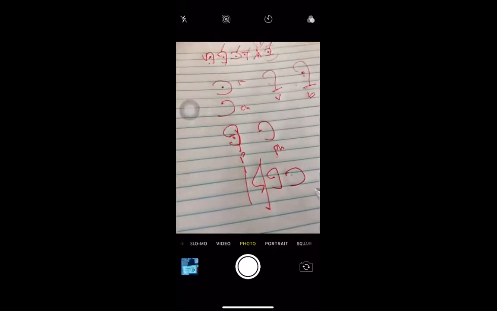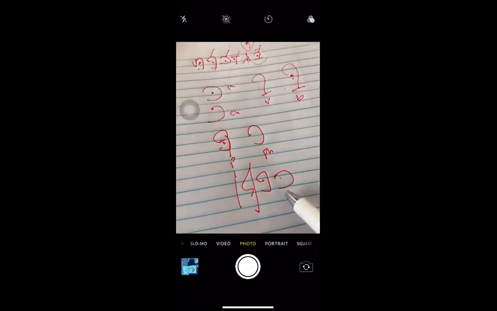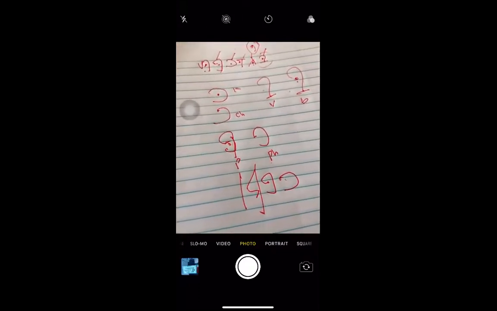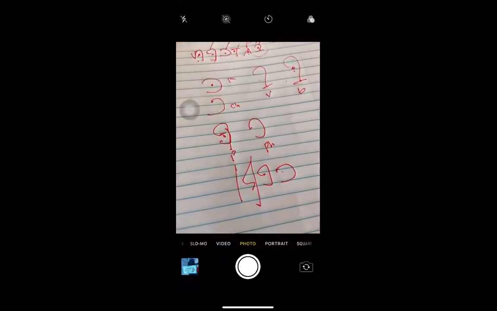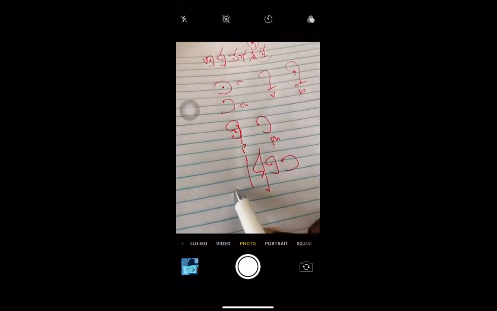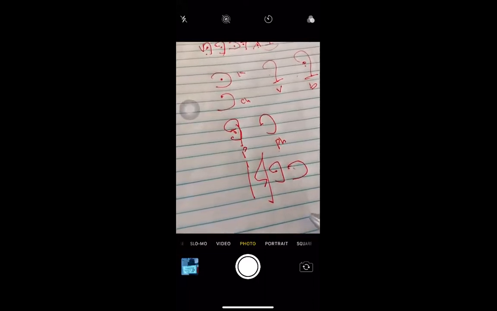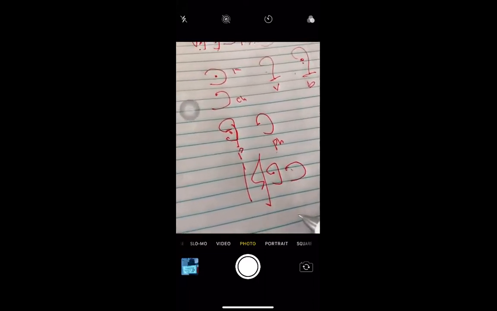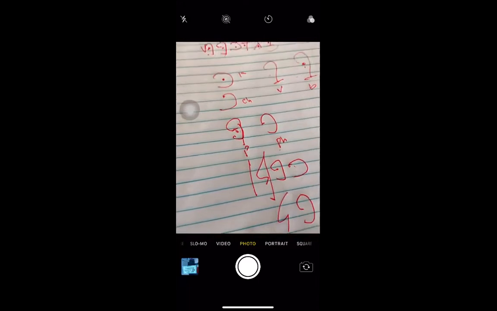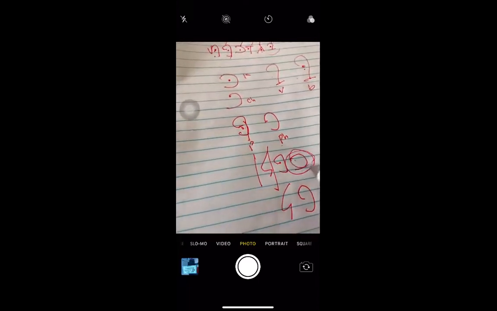Because the kaf is coming at the beginning of the word, it is maintained as kaf. But when the kaf comes at the end, it wouldn't be like this. It would be like this.